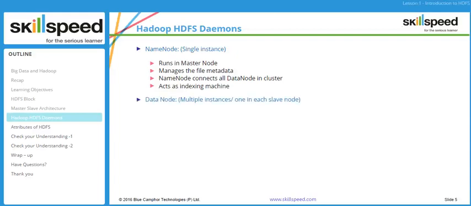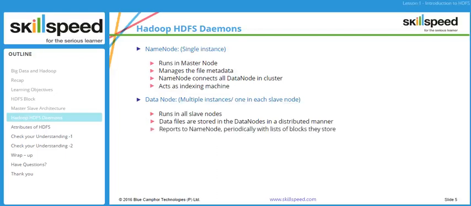Whereas the data node runs on all the slave nodes, and the idea behind a data node daemon is to offer the raw storage for HDFS. So usually the data node machines periodically report to the name node. Usually every 3 seconds they send a heartbeat signal to the name node just to let the name node know that they are alive.